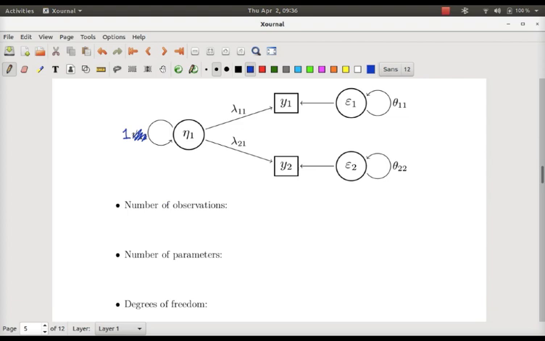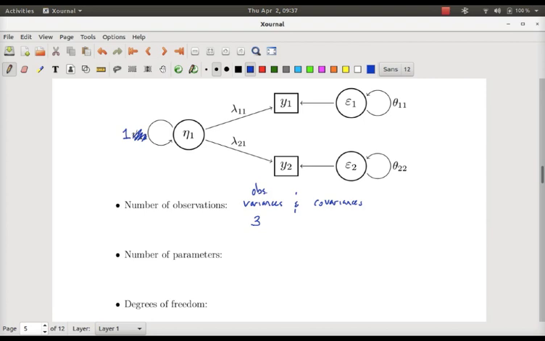But there's actually more than that, because the observations are the variances and the covariances, the observed variances and observed covariances. Okay, so we have an item here and an item here, so each of these has a variance, and there's also a covariance between them, right? They're related to each other, and so our number of observations is 3.